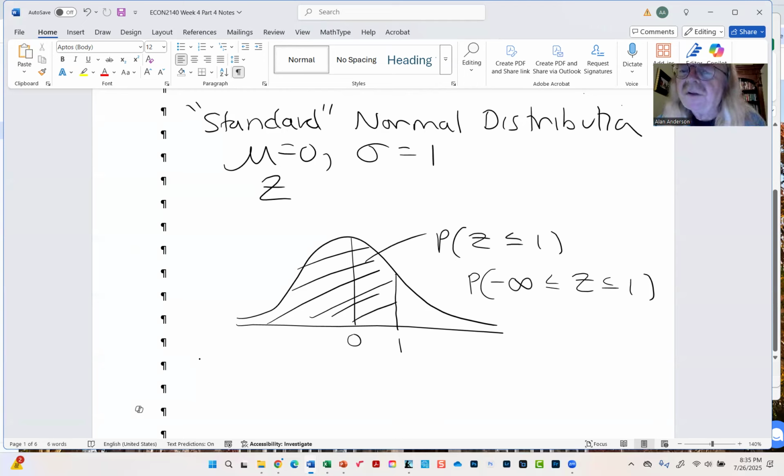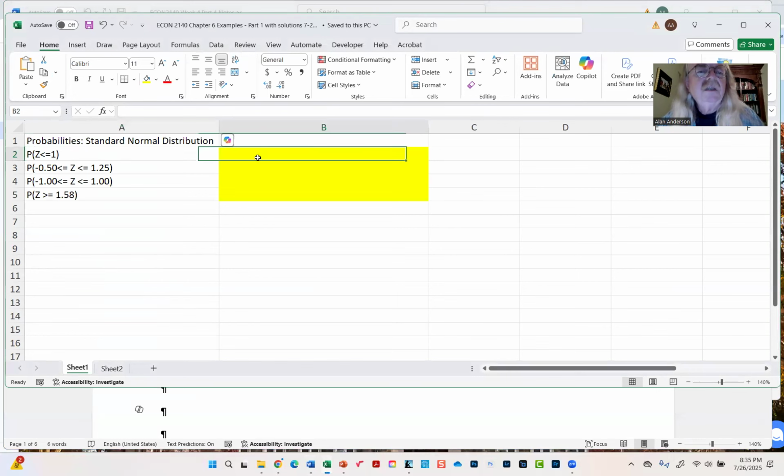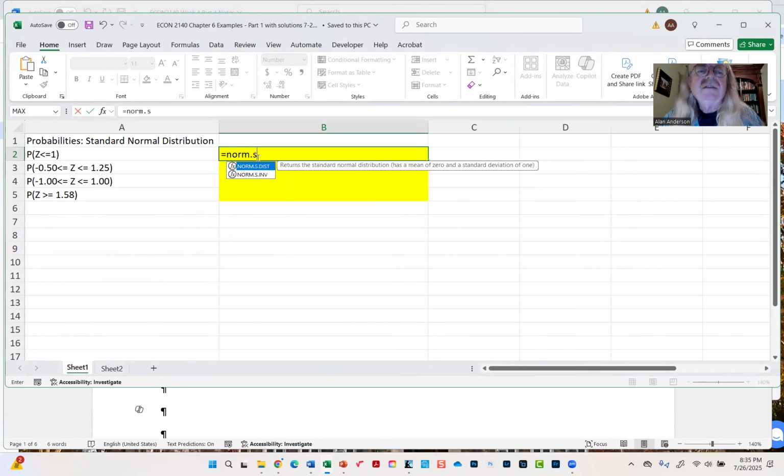So how do we figure this one out? Well, the command that we need in Excel is called norm.s.dist. The S, by the way, stands for standard, to make sure it's clear that you're dealing with the standard normal distribution. And then if you notice in this little ribbon here, it asks you for a Z, which is 1 in this case.